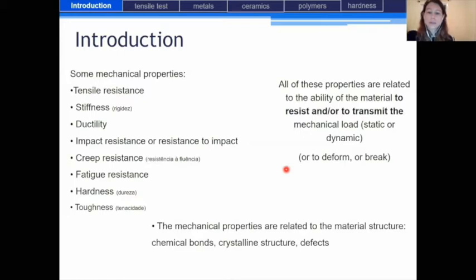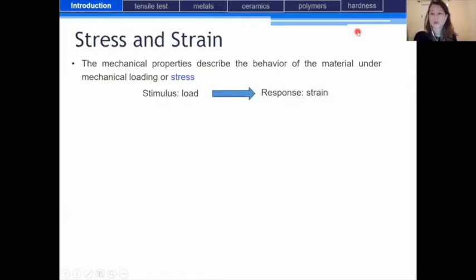And the mechanical properties are related to the material structure, so the chemical bonds, the crystalline structures, the defects, and so on. So when we talk about mechanical properties, it is important to introduce stress and strain. The mechanical properties describe the behavior of the material under mechanical loading or stress.